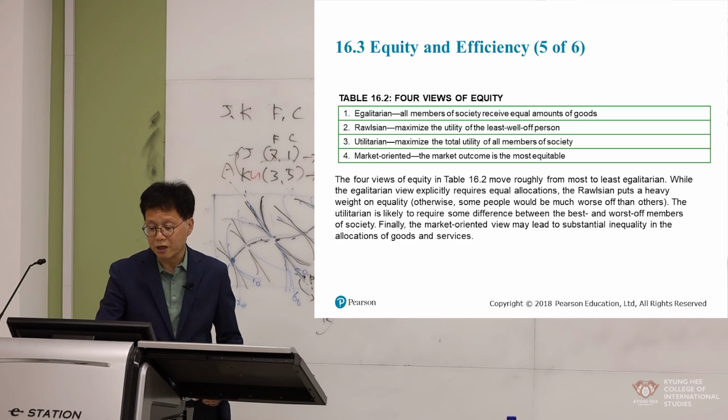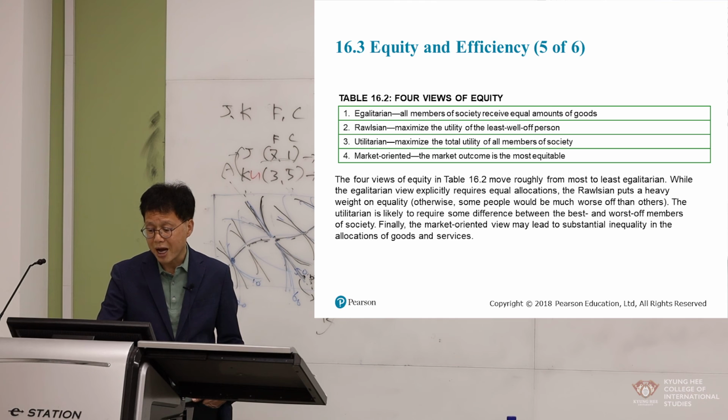The four views of equity in table 16.2 move roughly from most to least egalitarian. While the egalitarian view explicitly requires equal allocations, the Rawlsian view puts a heavy weight on equality. Otherwise, some people would be much worse off than others. The utilitarian view is likely to require some difference between the best off and the wealthy members of society.